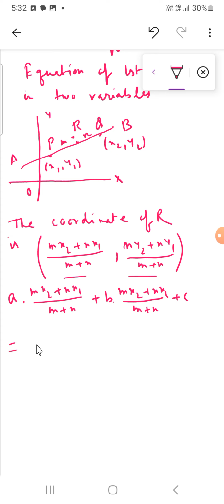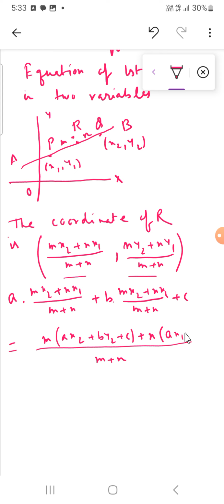If we take m plus n as the LCM of these three fractions and rearrange the numerators, we get m times (ax2 plus by2 plus c) plus n times (ax1 plus by1 plus c).